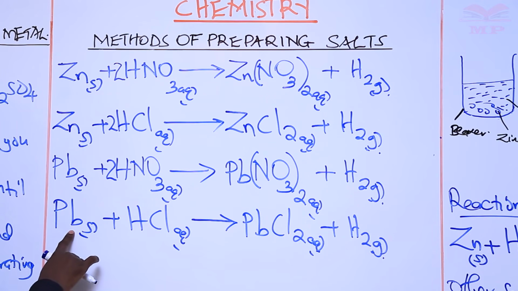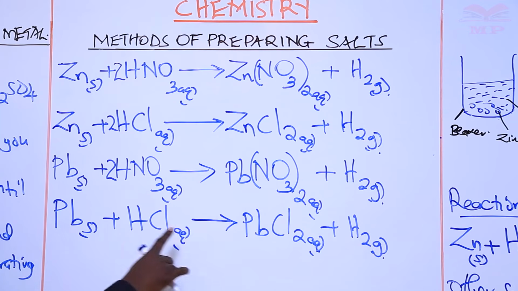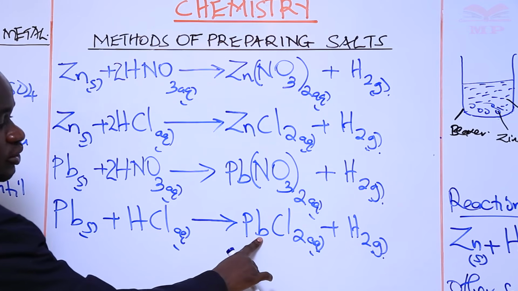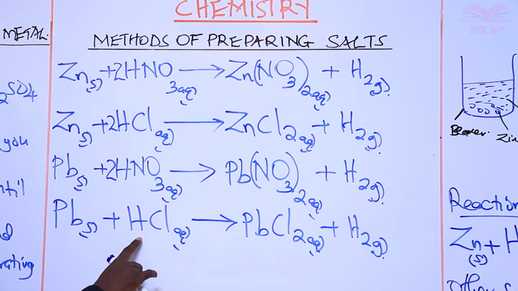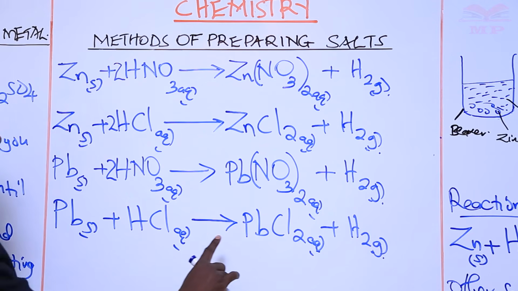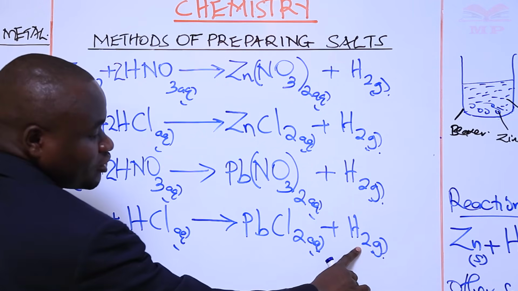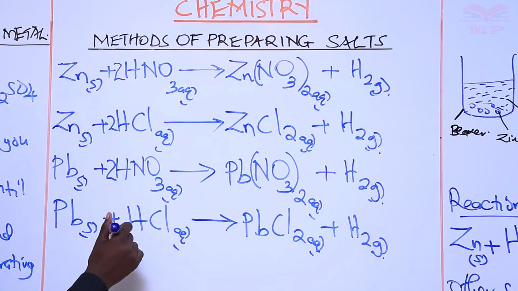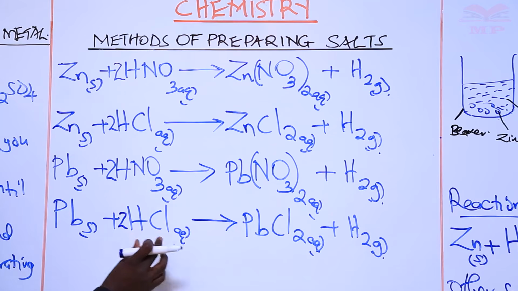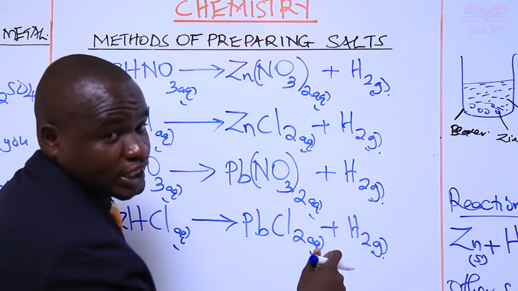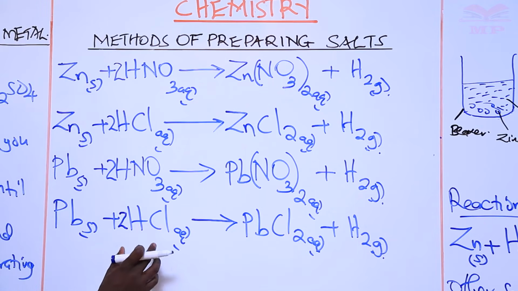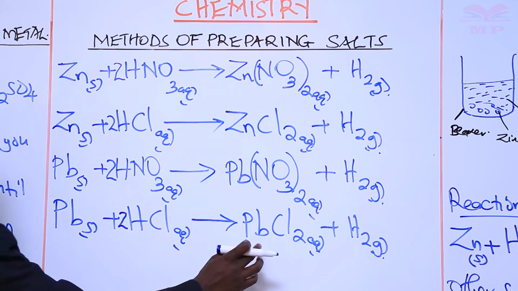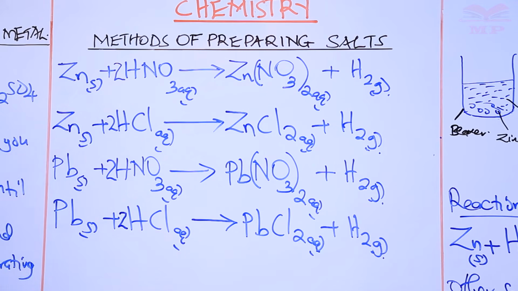Lead atoms are one on the left, the right has 1. So lead is balanced. Check hydrogen atoms. Here I'm having 1 atom of hydrogen. Here I'm having 2 atoms of hydrogen. So I'll multiply this one by 2. So I'll have 2 atoms of hydrogen on the left, 2 atoms of hydrogen on the right-hand side. And then chlorine will be 2 atoms. This is now 2 atoms. So the equation is balanced.